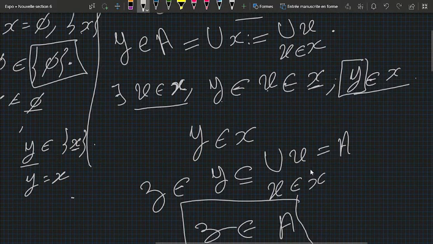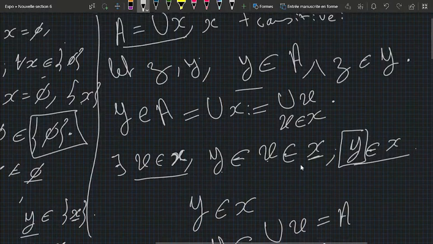So by transitivity of X, we prove that A is transitive.